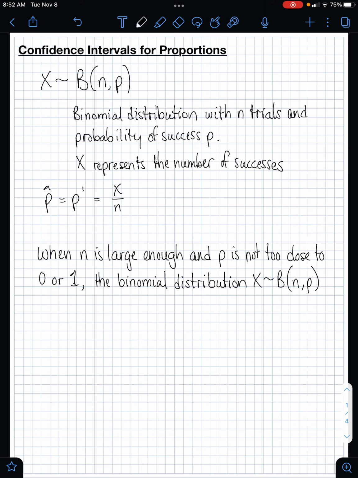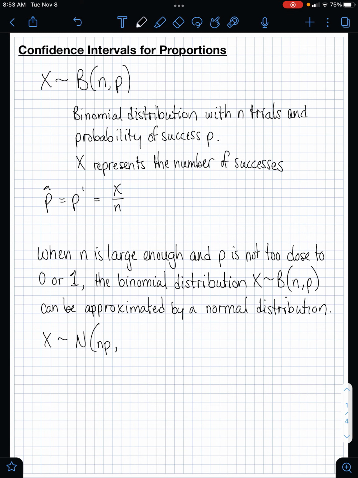The binomial distribution can be approximated by a normal distribution, where the normal distribution has parameters of the mean and the standard deviation of the binomial distribution.